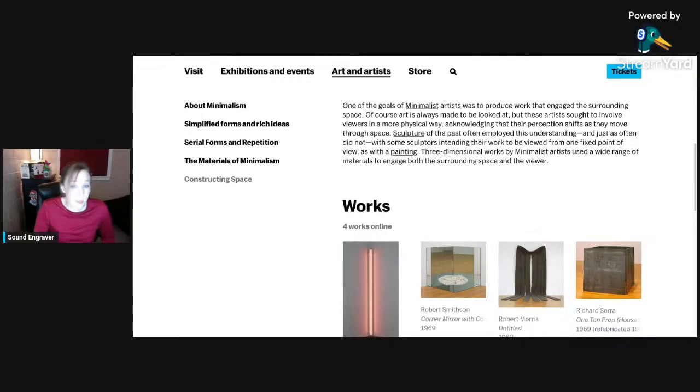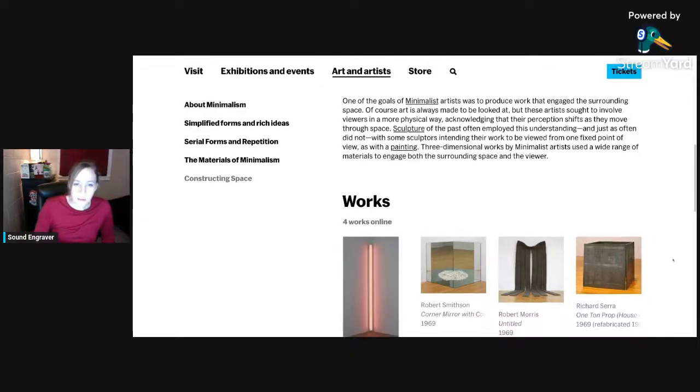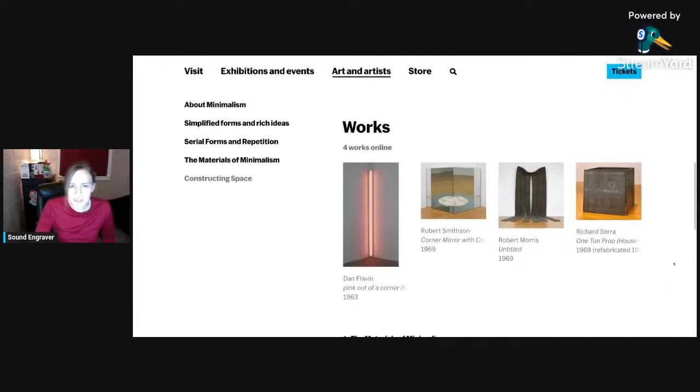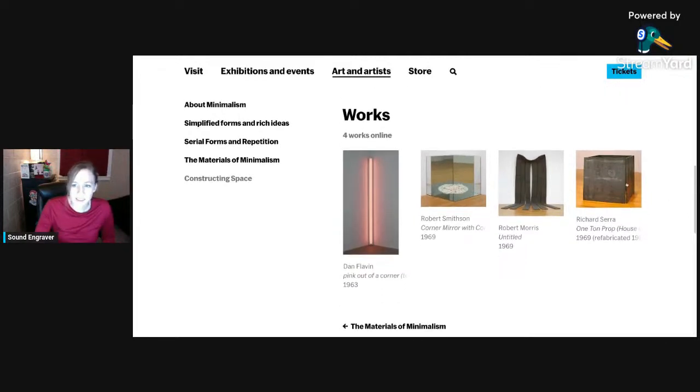As with a painting, three-dimensional works by minimalist artists used a wide range of materials to engage both the surrounding space and the viewer. So it did two things. First is their implementation, and this is one. I mean, Richard Serra, I think here, this cube, cubes, just cubes installed in this physical space.